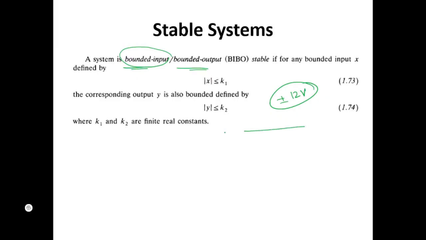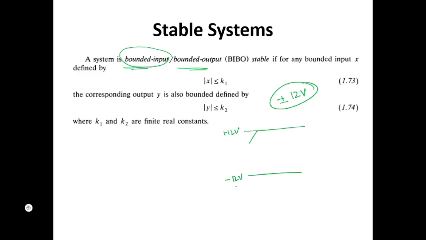It will go to the plus 12 volt or minus 12 volt. So what will happen if you give an ever increasing input signal which is going out of bounds? Your system response will go to either 12 and become constant over there, or it will go to minus 12 and become constant over there.